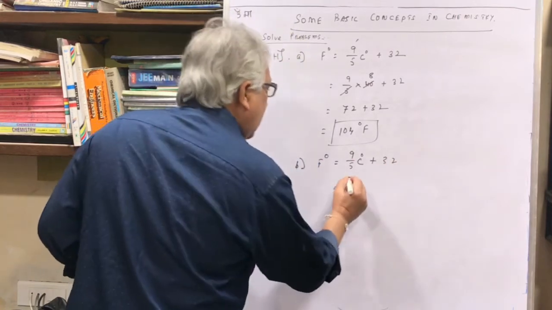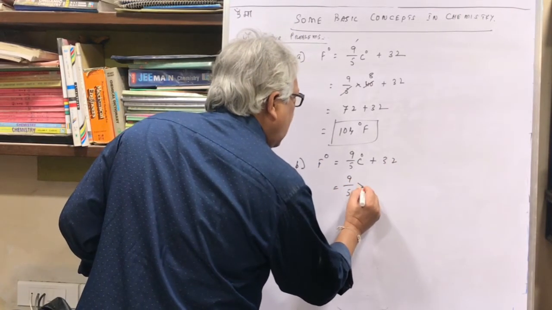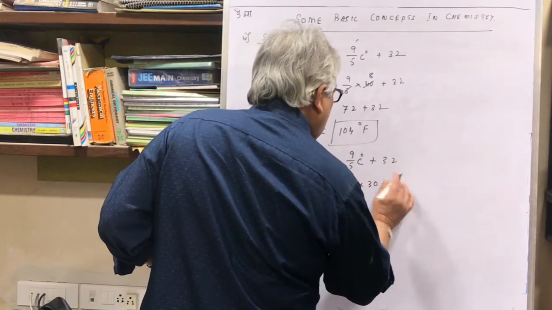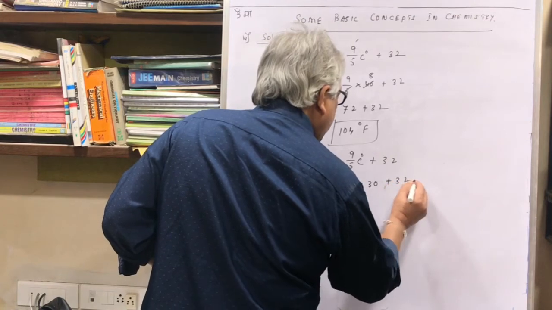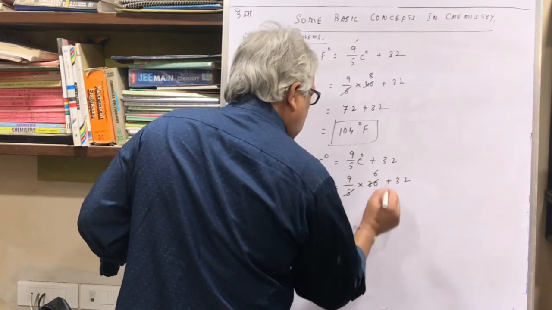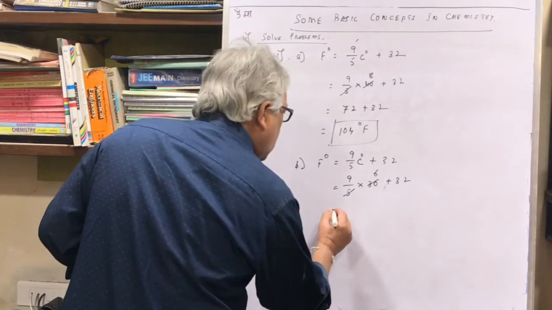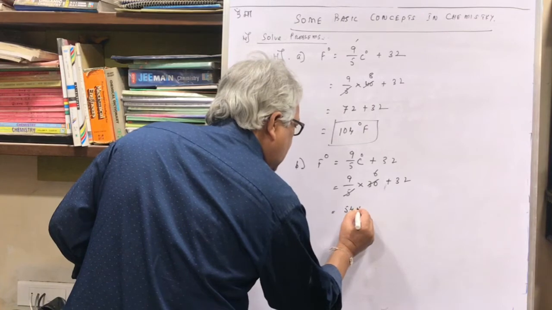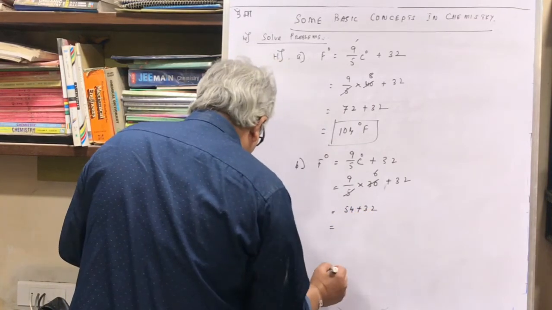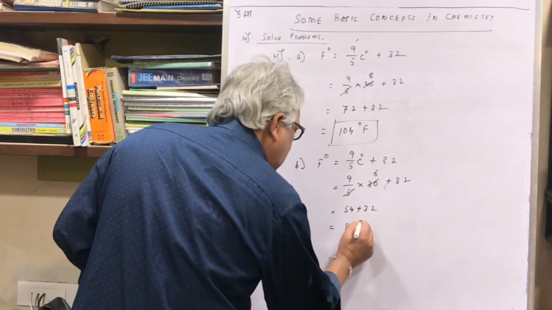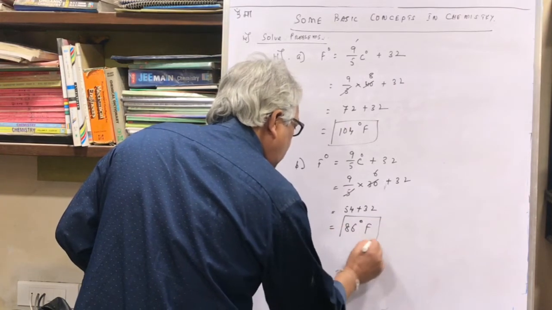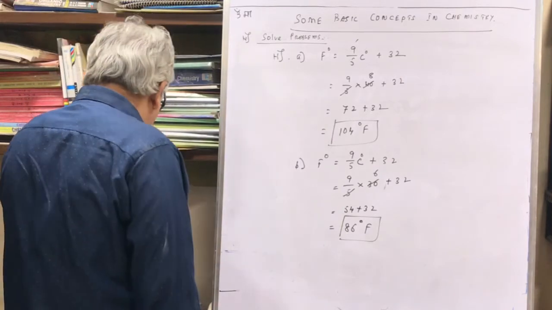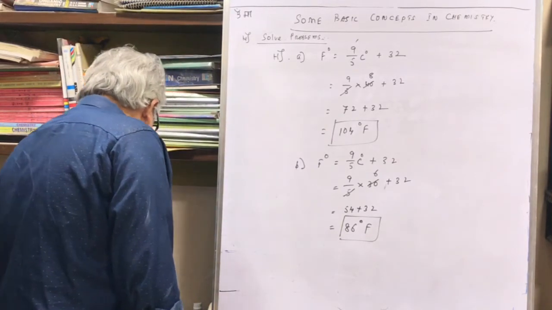So that will be 9/5 into degree Celsius, they will give me 30 plus 32. So this will be 6. So 6 nines are 54 plus 32. So this will be 86 degree Fahrenheit. So with that, we have completed problem H. Is it okay?